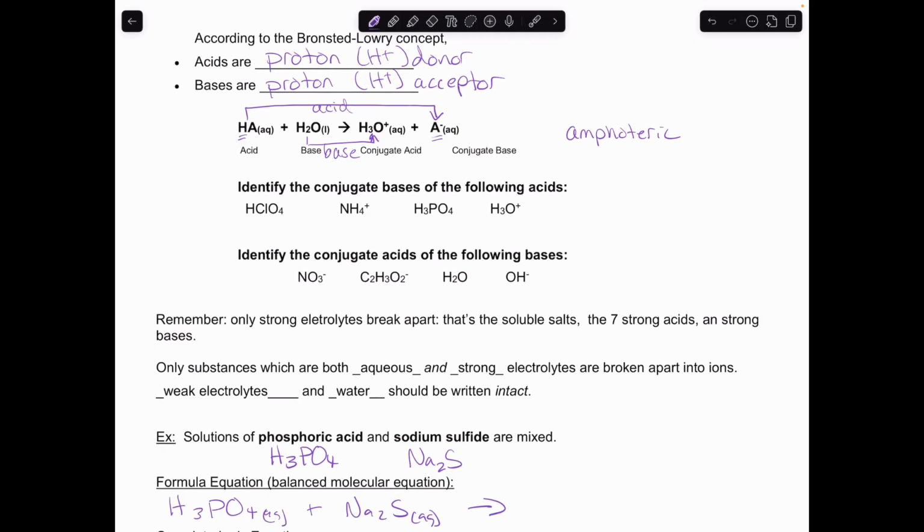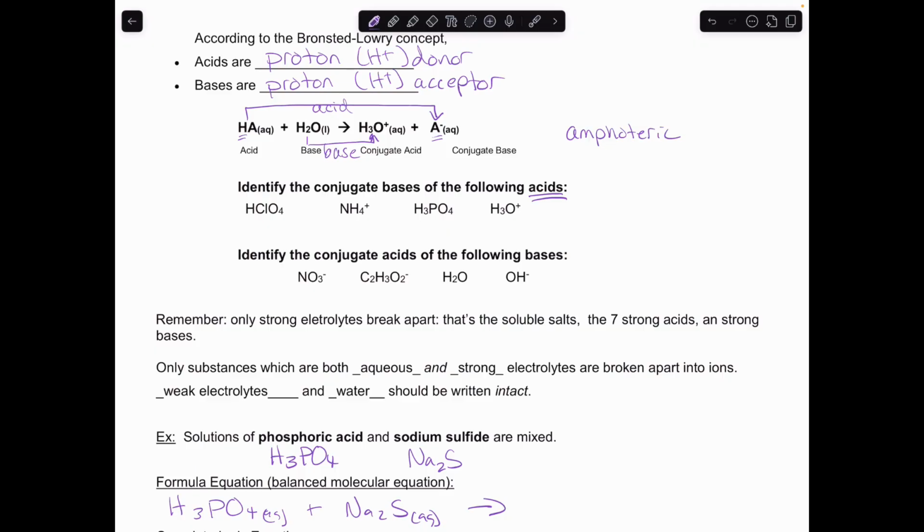Here, we want to identify conjugates. To conjugate a verb is to find an alternate form of that verb. This asks us to identify the conjugate base for the following acids. It's telling us these are acids. So if this is an acid, it should do what an acid does, that means donate a proton.